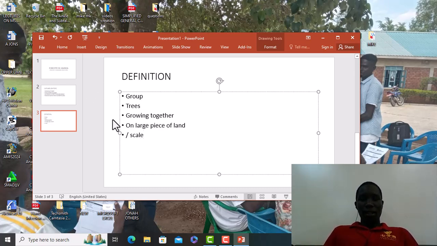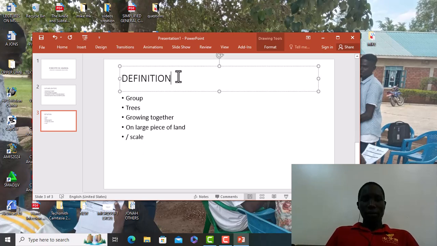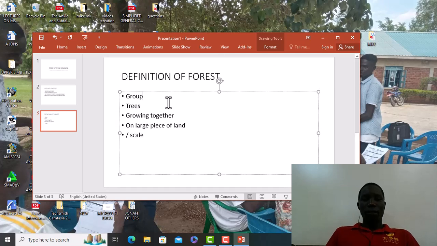So this is what your definition should be having. Definition of forest: forest is a group of trees growing together on a large piece of land or a scale. So that's the first slide.